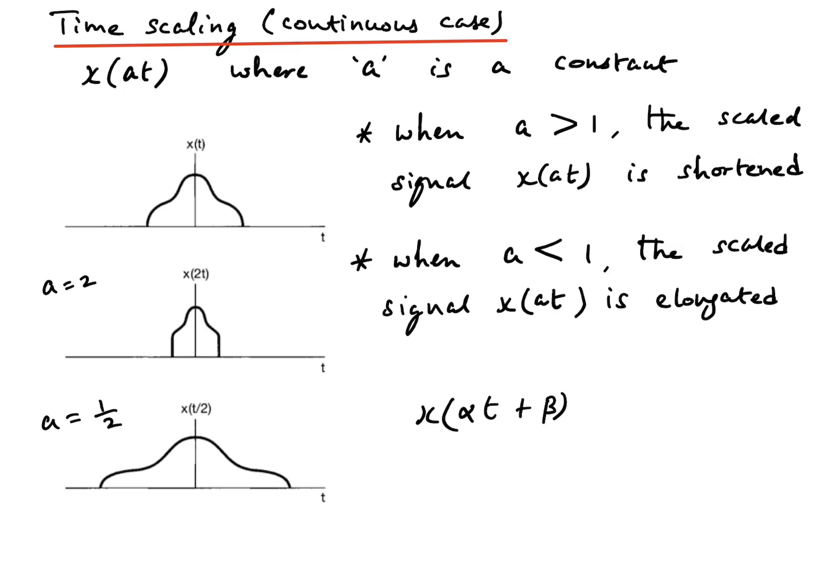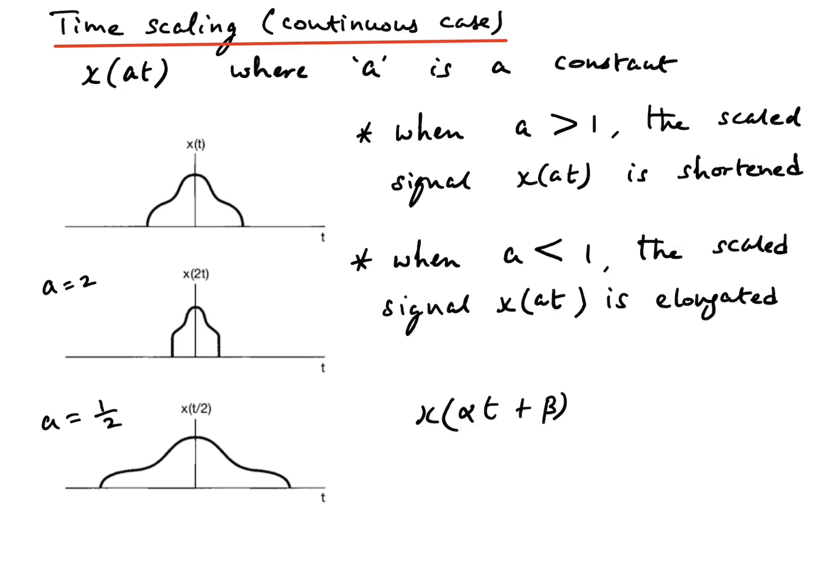And for this beta, if there is a plus sign here, it means the shift is to the left. If there is a minus sign here, the shift is going to be to the right. And if the magnitude of alpha is greater than 1, then the signal will be shortened.